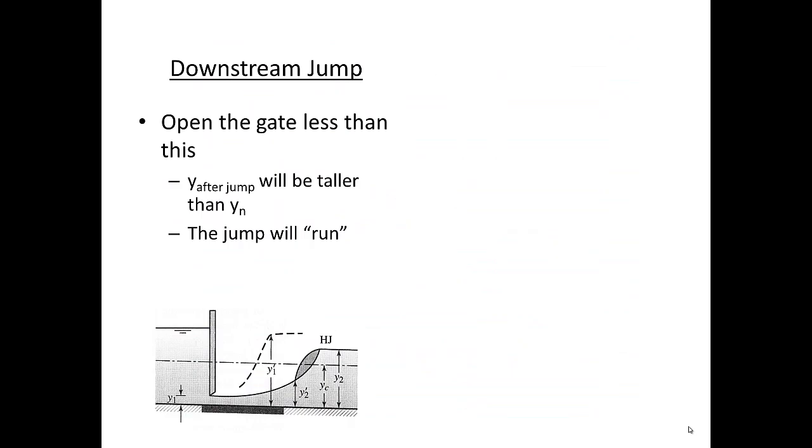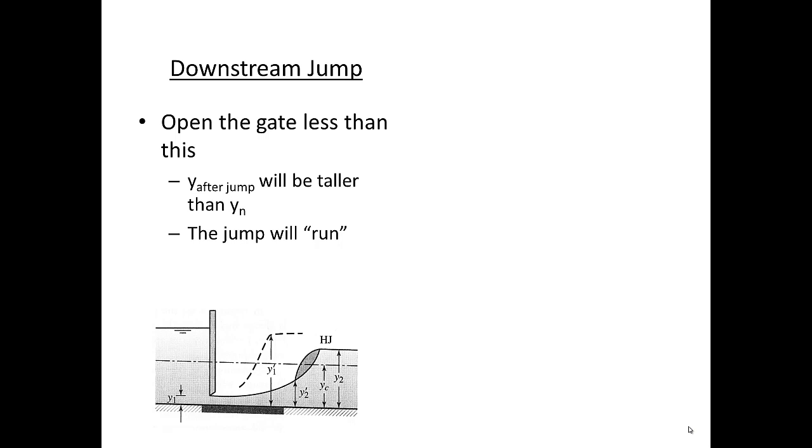In a previous lecture, we took a look at how the downstream channel, the tailwater, how the normal depth of that can affect the location of a hydraulic jump. The fact is that the gate itself can also play a role in determining where the hydraulic jump sets up. So let's take a look at this figure again, which is picturing the downstream jump, as we called it previously.